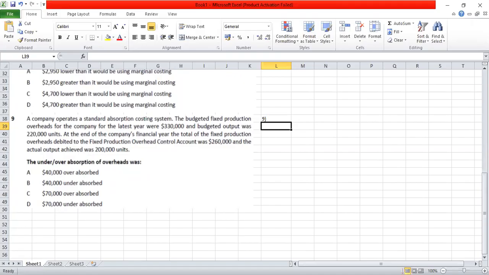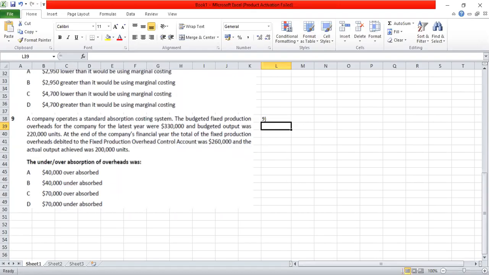So in the current year, the actual amount of overhead debited to the overhead control account is 260,000. That's the actual total amount of overhead cost. So the actual cost is 260,000 and the output achieved was 200,000.